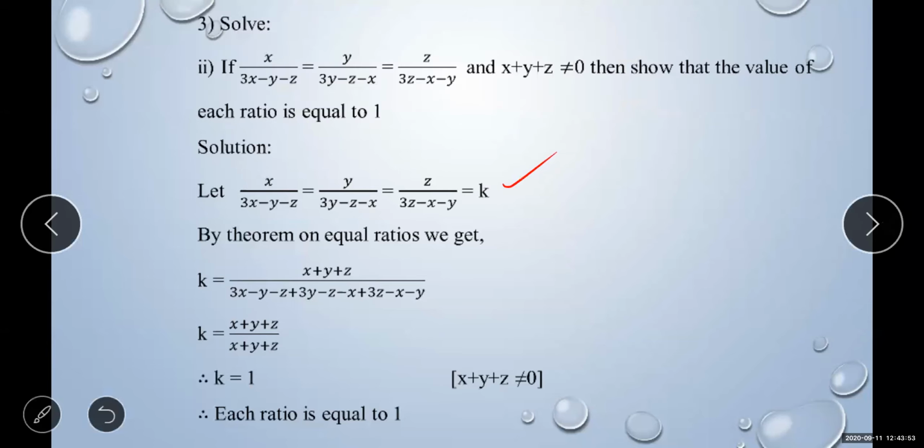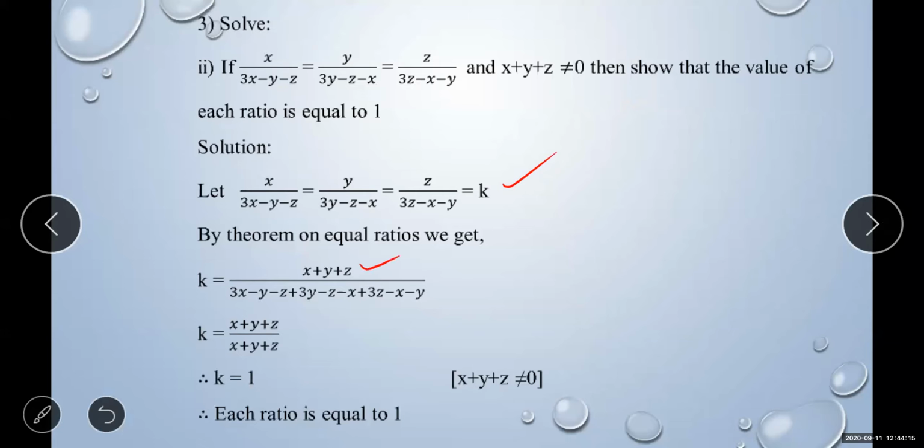So we are going to add here. Why are we adding? When we add the numerators, we get x plus y plus z, and when we add the denominators, some things will cut because all numbers are in a subtraction. So add the numerators and denominators.